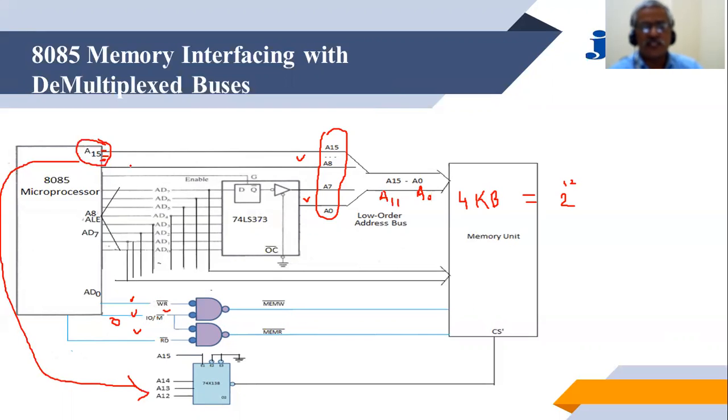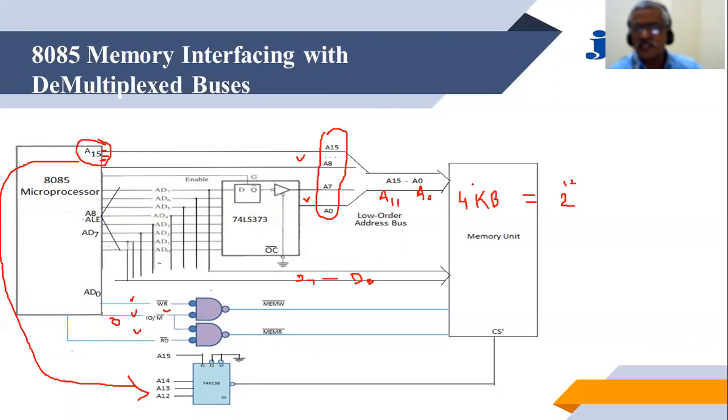So in a nutshell, this demultiplexing of the buses helps us in generating 16 independent wires for the address bus and 8 bidirectional lines, D7 to D0, as a bidirectional data bus.